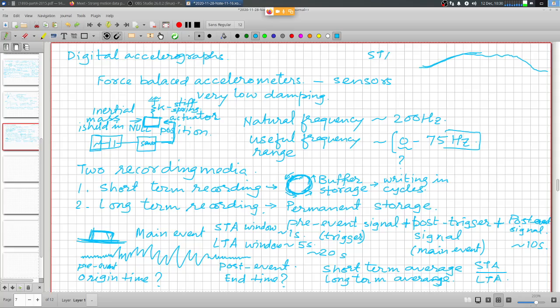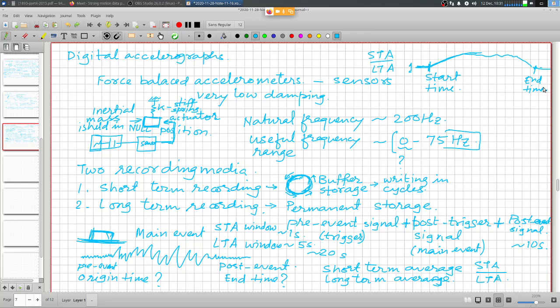So this is the STA versus LTA ratio. It will start at unity and then it will grow. Wherever this growth trajectory happens, that is detected as the start time, and wherever it goes back again to unity, you consider that as the end time.